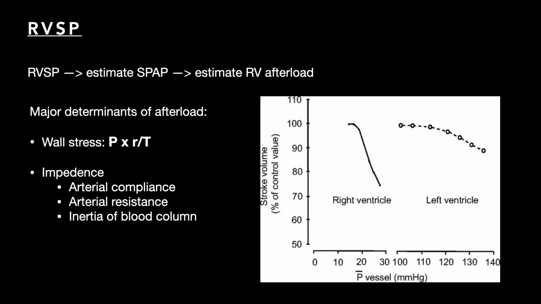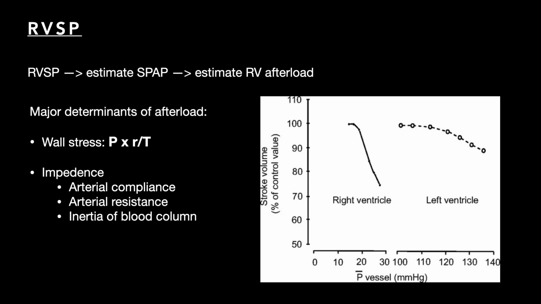R is the radius of the ventricle, so an increased LV or RV diameter increases wall stress at any given pressure for its respective ventricle. And then also the thickness of the ventricular wall. So a thicker wall decreases wall stress. And then impedance is contributed to by arterial compliance, arterial resistance, and inertia of the blood column.